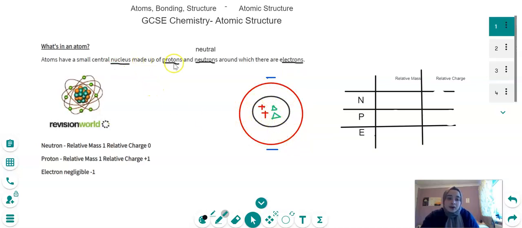And it's made up of protons and neutrons. So just by guessing, which one would you think out of these two shapes would be the protons, and which one would you think would be the neutrons? If you said the positive signs would be protons, then you are correct. Well done.